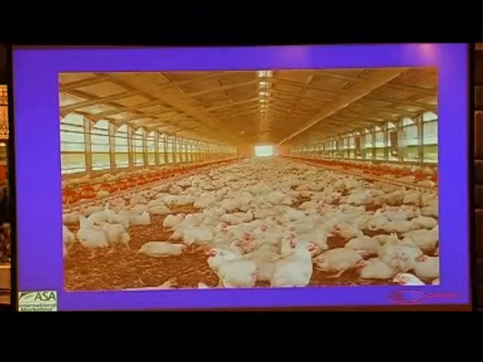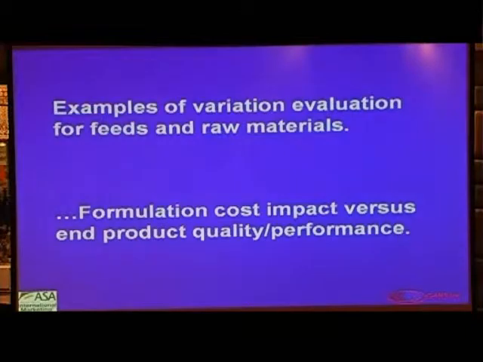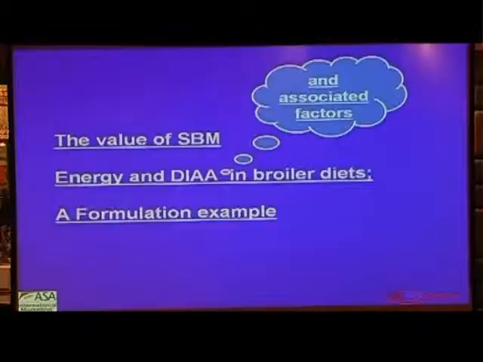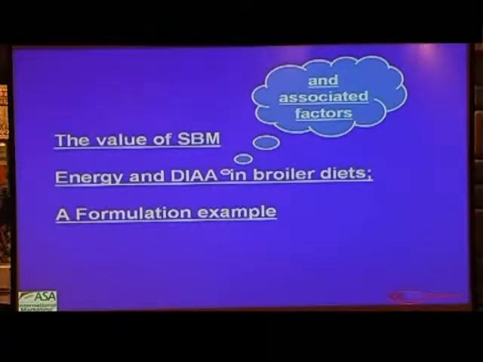And that brings me to my last evaluation, an example of variation in feeds and in raw materials, looking at formulation costs versus end product quality and performance, basically formulating with a combination of real values of energy and digestible ileal available amino acids in broiler diets.